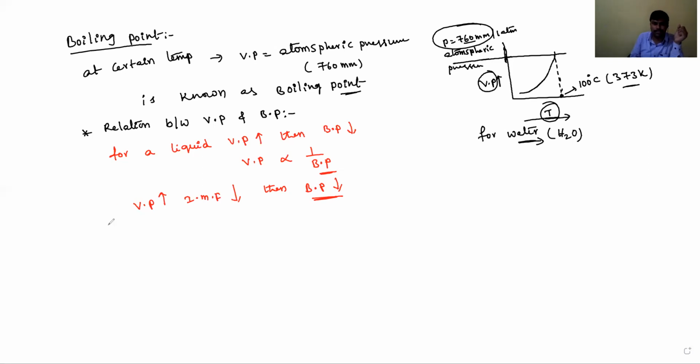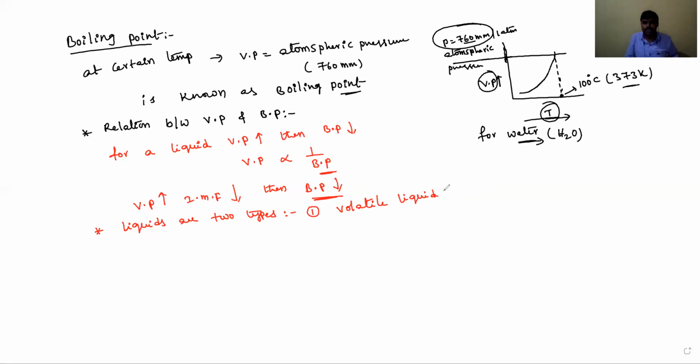Based on this concept, liquids are of two types. One is volatile liquids or volatile solvents, whether liquids, solvents or solutes, whatever they may be.